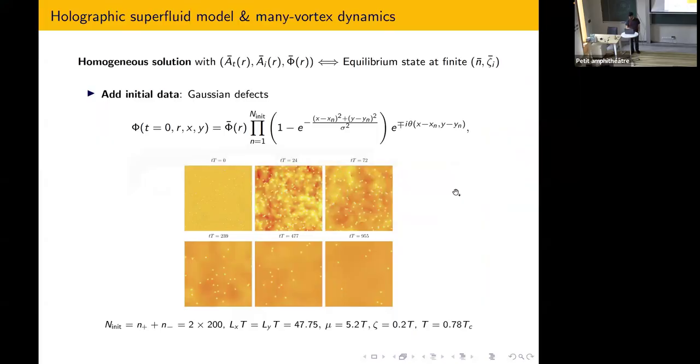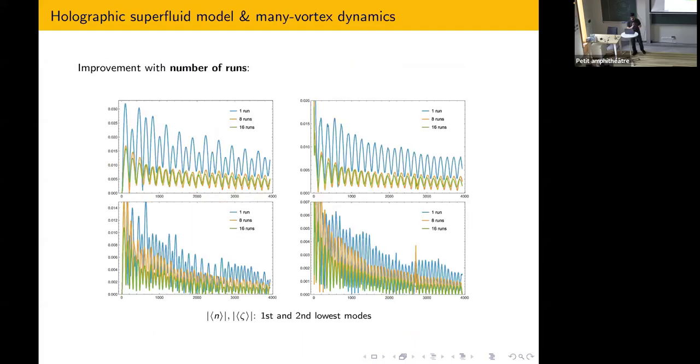Okay, however, we can say something about the vortex interaction. Before going there, let me just tell you that we ran this simulation many times with many different initial conditions, and everything that I'll show you from now on will be for the averaged quantities.